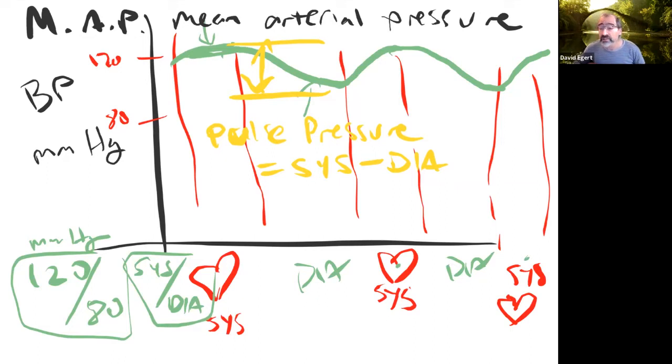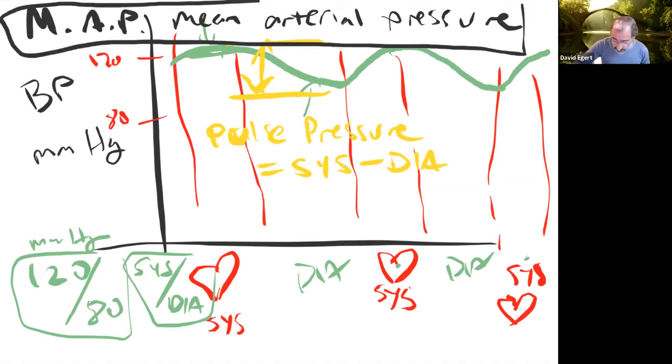Instead of having to keep tracking two different things, if you want one number, kind of just an average blood pressure, you can get this mean arterial pressure, but it's not going to be just an average because, as we saw, systole is shorter than diastole.